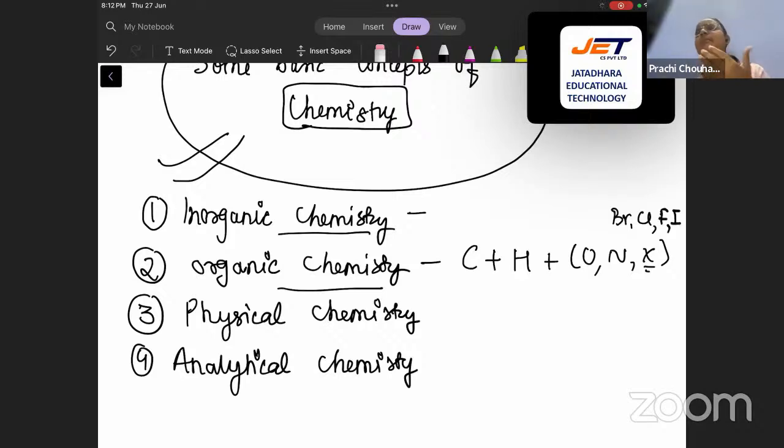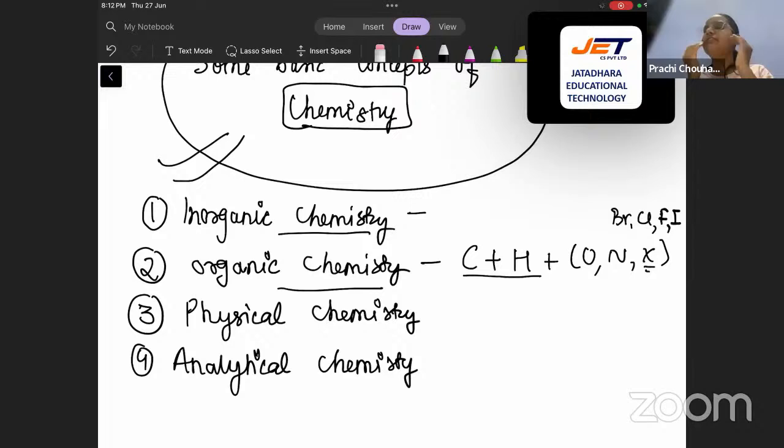We will be learning about these things in detail as we move further. So organic chemistry is the chemistry of compounds which have carbon and hydrogen. And there are so many compounds around us in nature that have carbon, so a separate branch was dedicated to them.